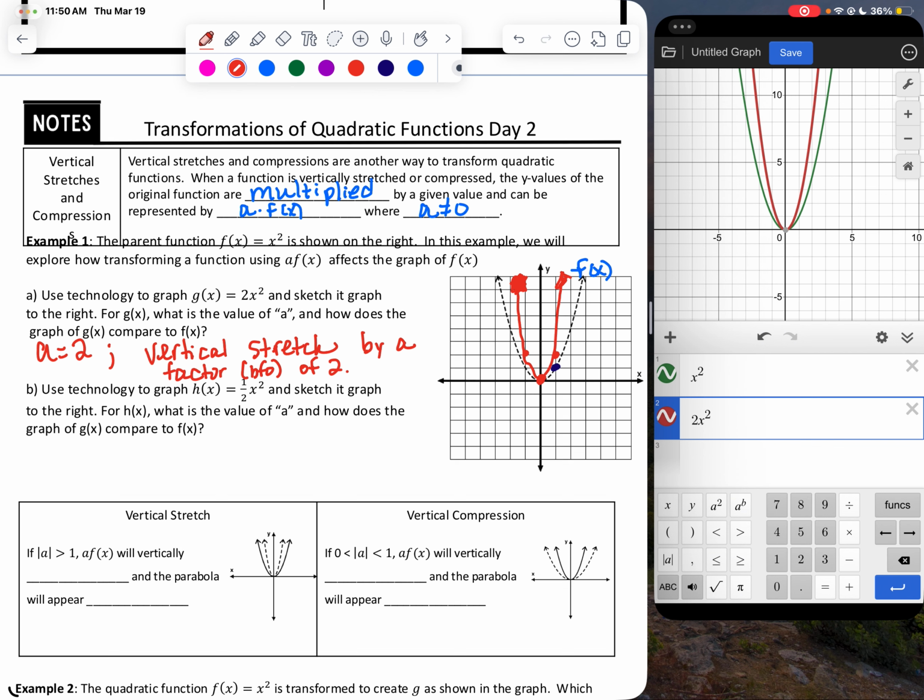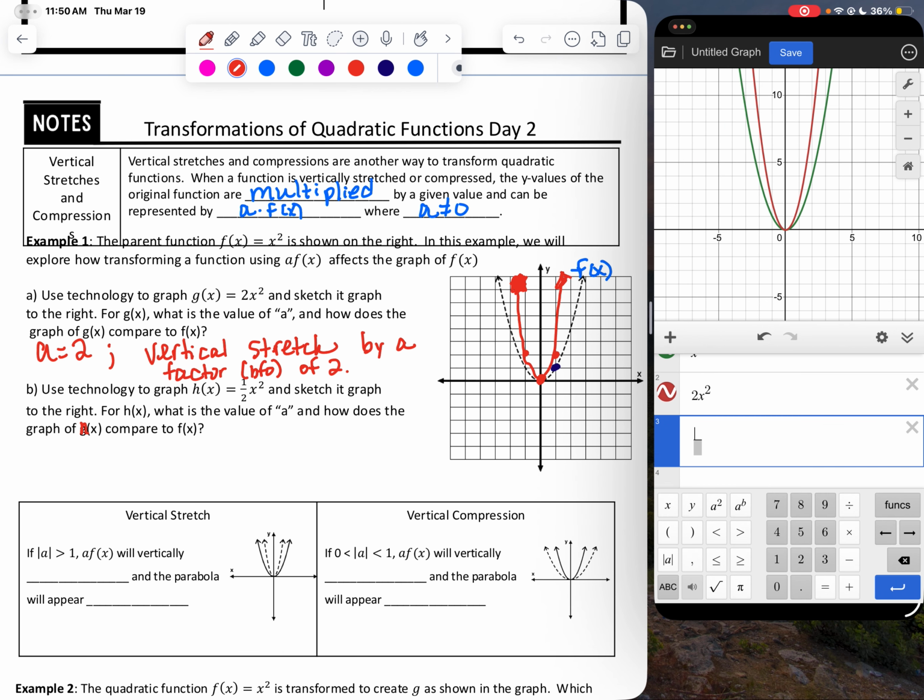All right. Now, using technology, graph h of x equals 1/2 x squared and sketch the graph to the right. For h of x, what is the value of a, and how does the graph of h of x compare to f of x? So here we're going to have 1 over 2, x squared.